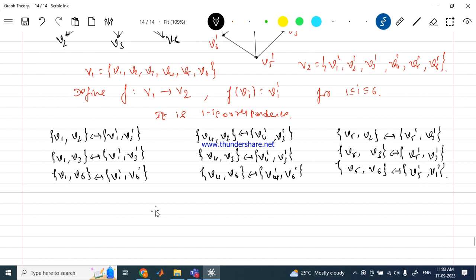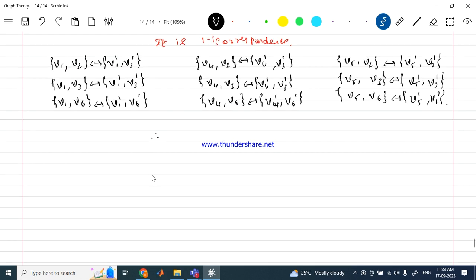So therefore vertex adjacency is preserved. So therefore G1 is isomorphic to G2. That's all.